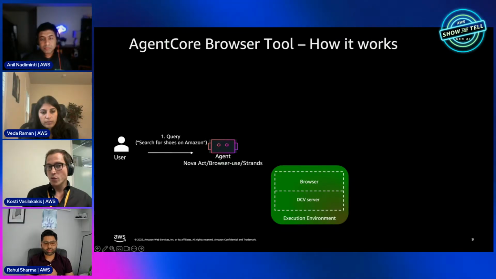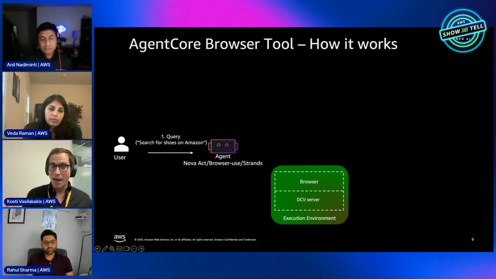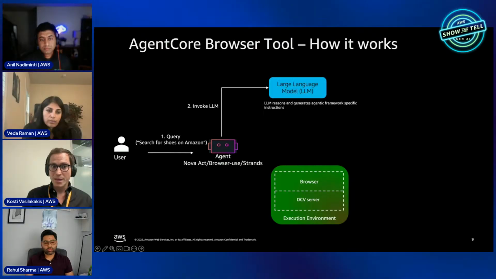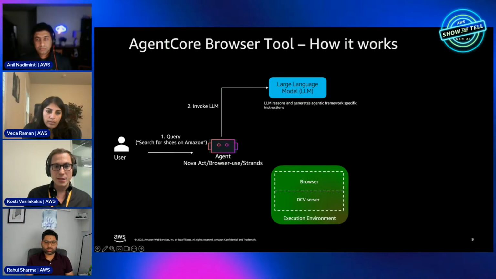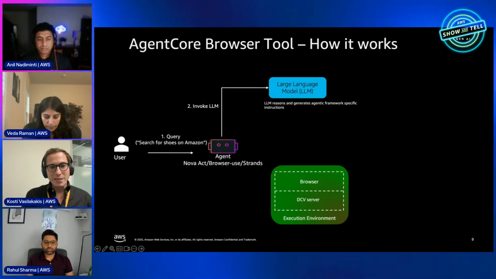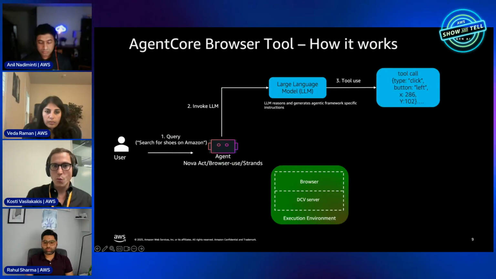The agent can use LLM-driven instructions, for example from Nova Act or any other LLM, using a library like Browser Use or Puppeteer or Playwright to instruct the browser what exactly to do.